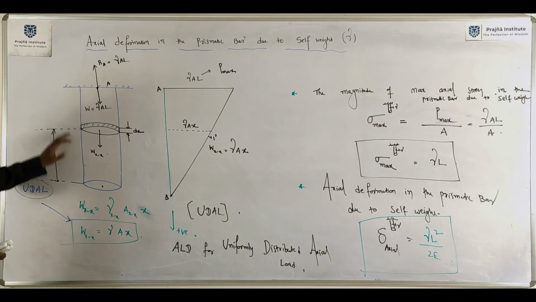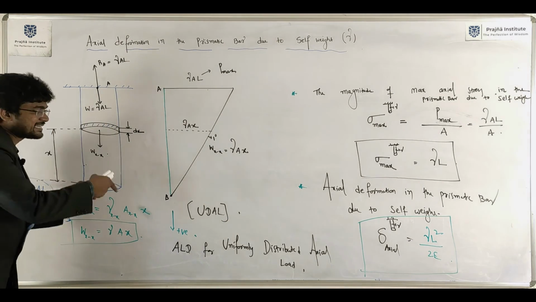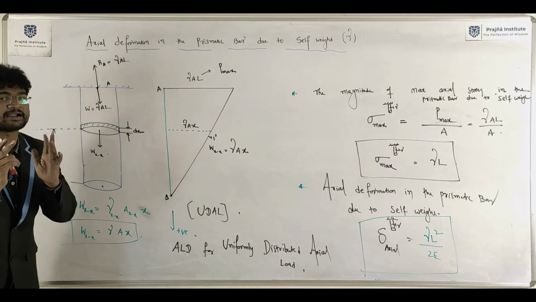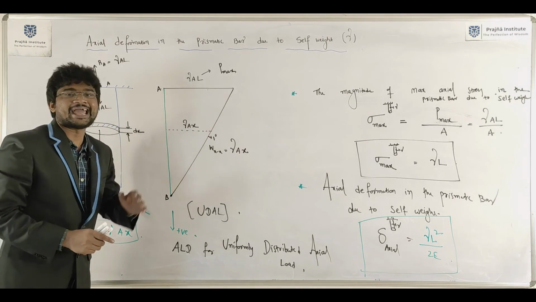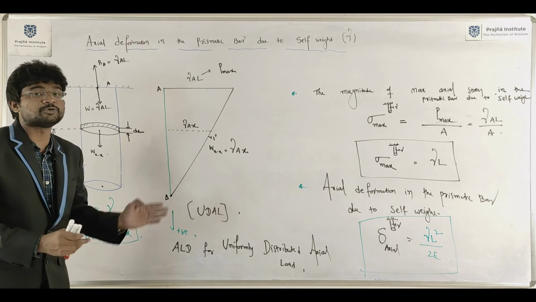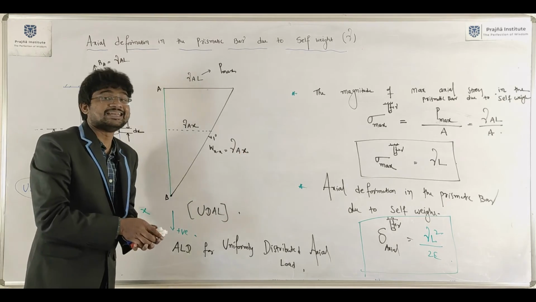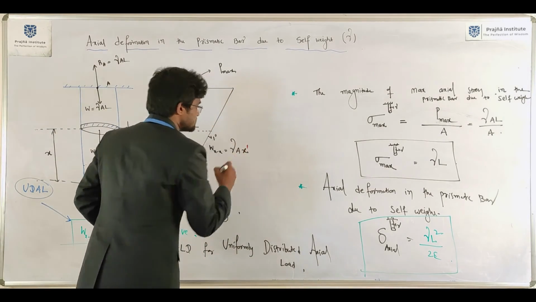Here in this case, the weight is distributed uniformly and acts as an axial load on the prismatic bar. The corresponding axial loading diagram will be linear. That is the beauty.